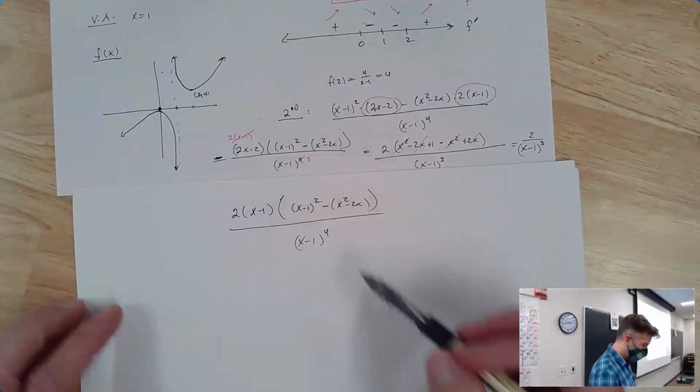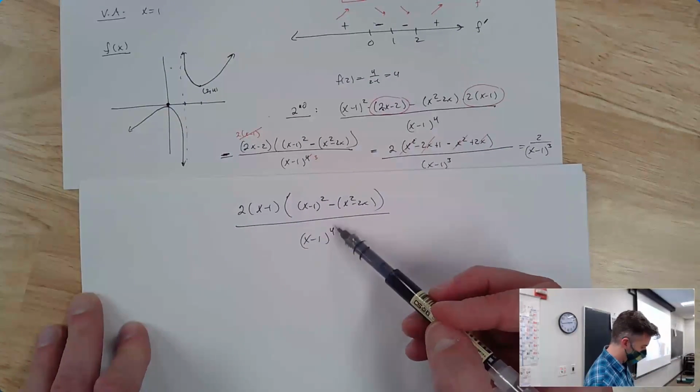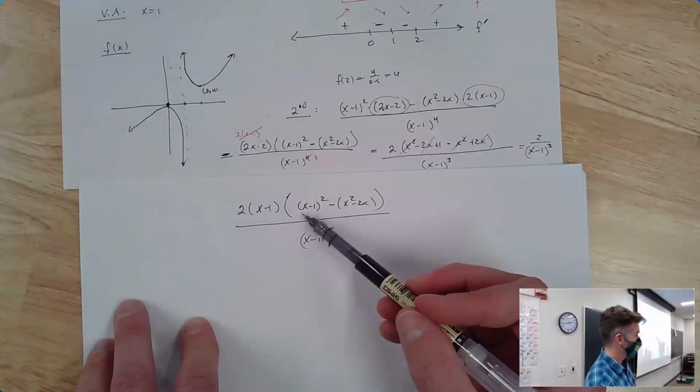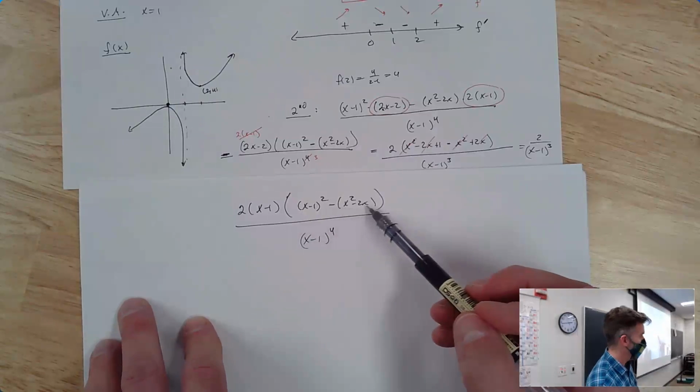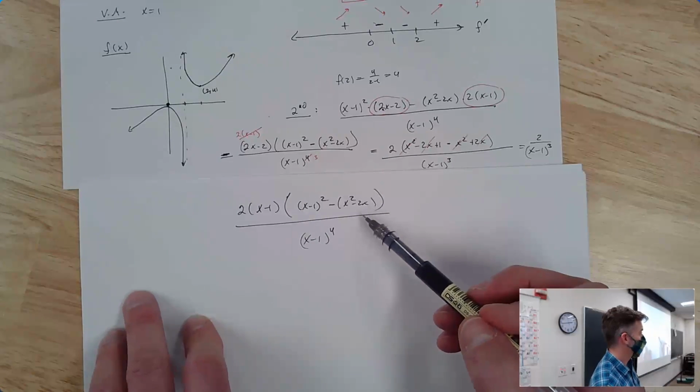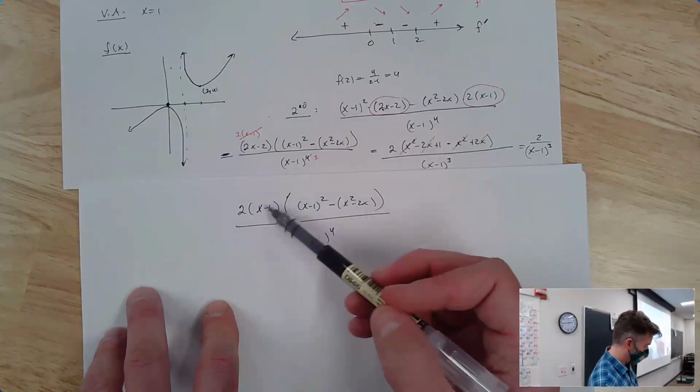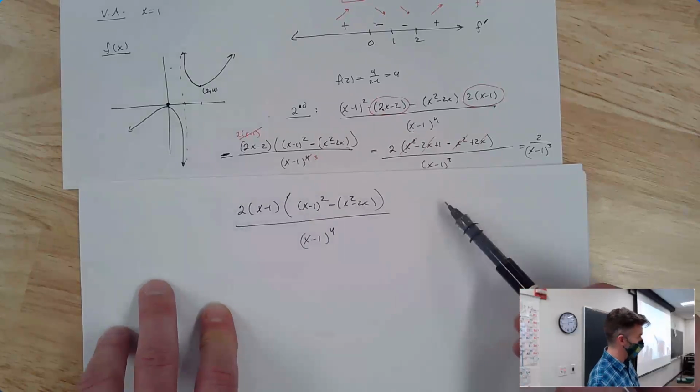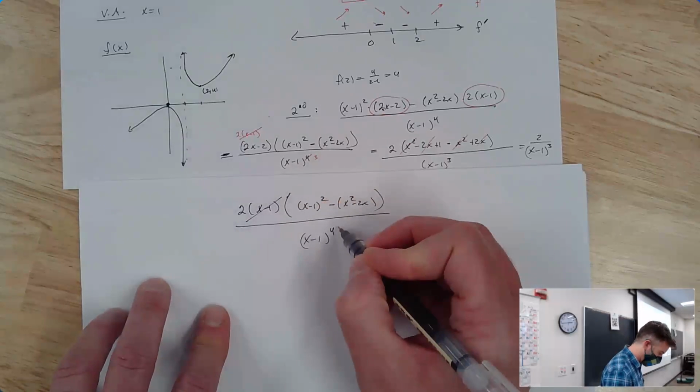The thing is, I can't cancel 2 of those with 2 of those because this isn't a factor on its own. It's this minus that, right? So we're stuck with it. Whereas this x minus 1 here is totally multiplying everything else, and that can definitely cancel with one of those.